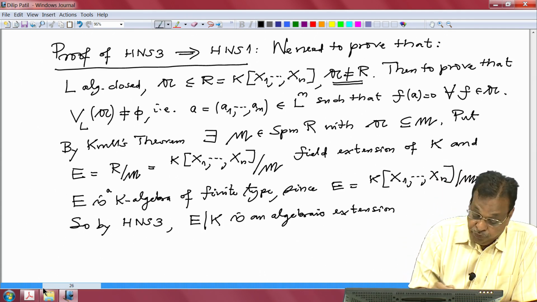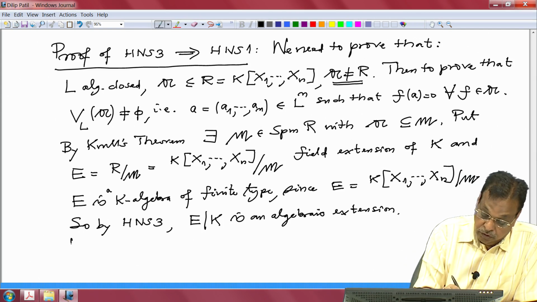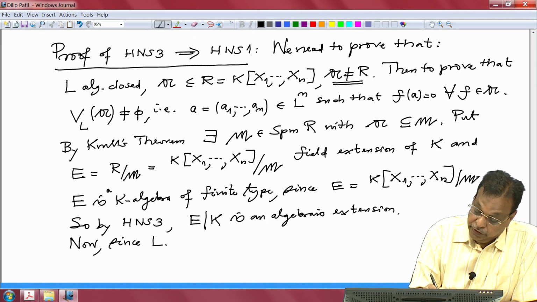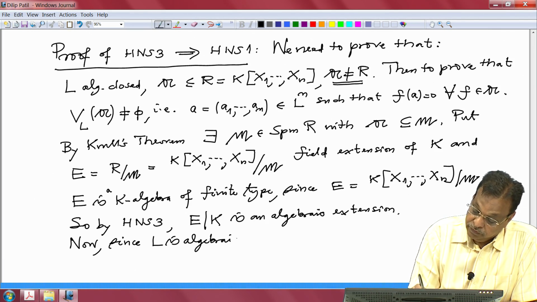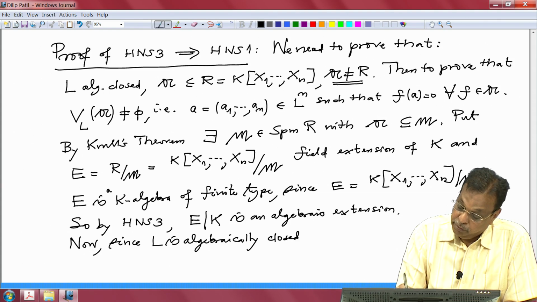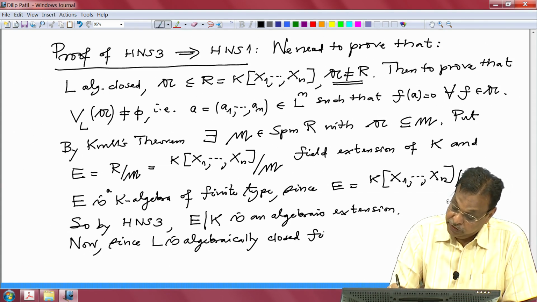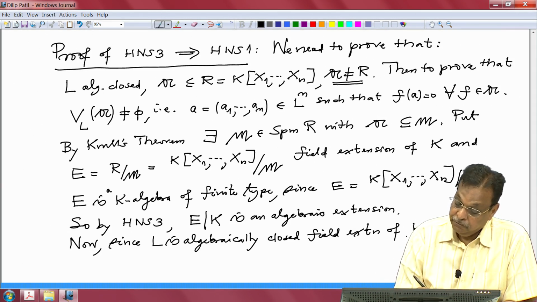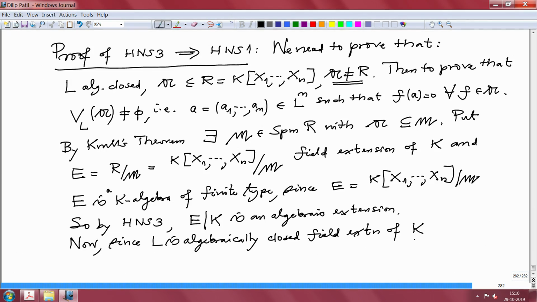So now, since L is algebraically closed, L is an algebraically closed field extension of K. So therefore L is a K algebra.